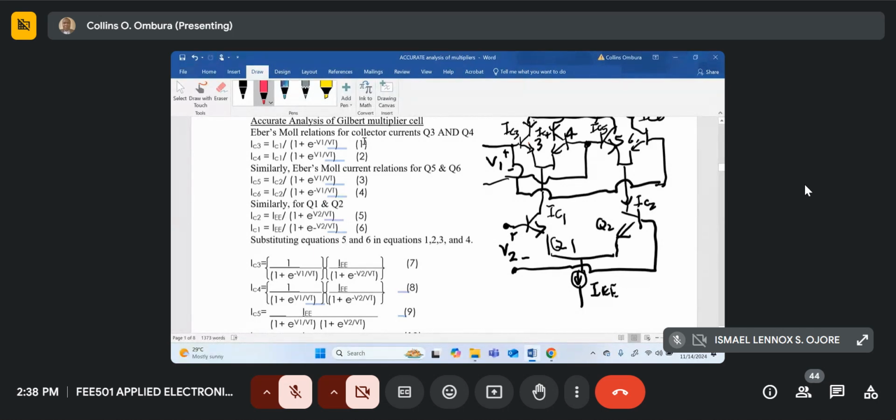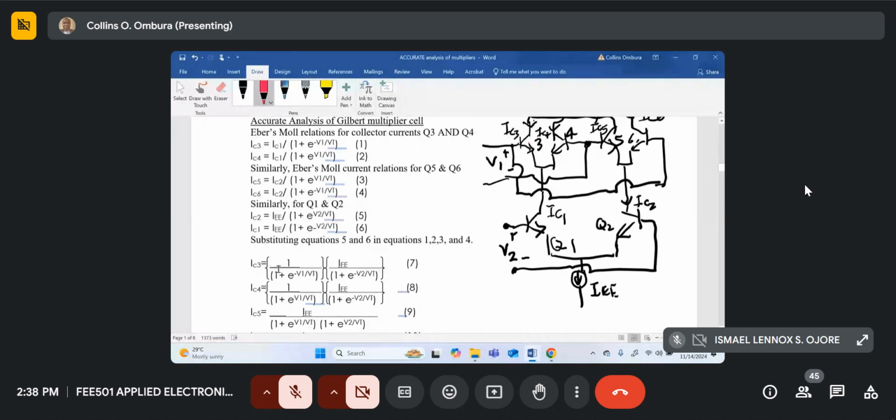So equation 1 can be rewritten. We substitute IC1 as equal to what is given here in equation 6. So that's how I get 7. What I've done is I've written the substitution in the first bracket.